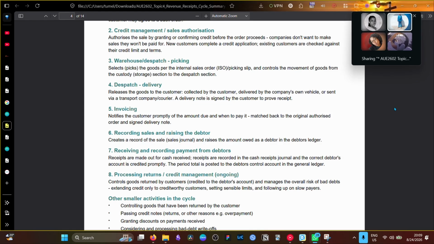And then, okay, for credit management, I think from my understanding it's that they want to check if this person is going to be able to pay what we give him as credit. Yes. Okay, thank you so much.